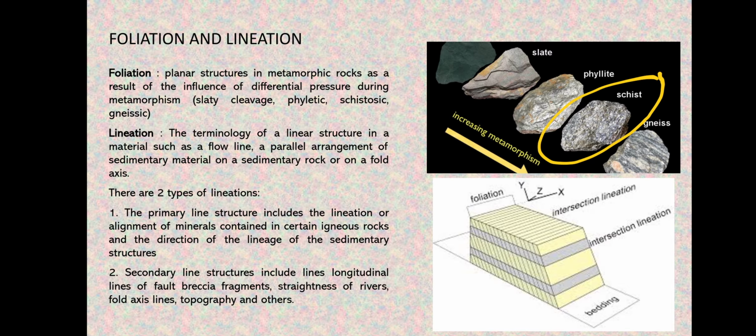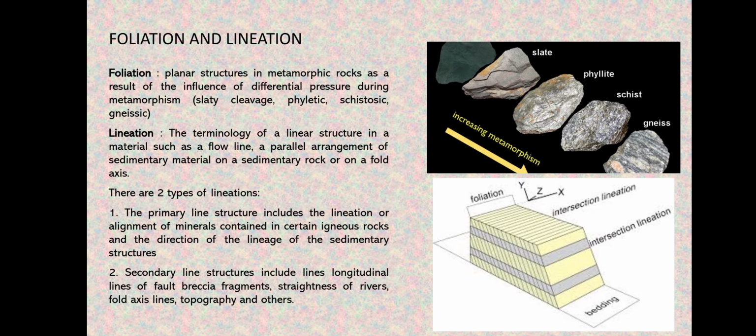Schist forms a parallel arrangement of flat, prismatic, or lenticular minerals, which are medium to coarse grain size, and the rock is called schist. Next is gneissic. Gneissic is formed by alternating mineral alignment layers that have different shapes, generally between granular minerals, feldspar and quartz, and tabular or prismatic minerals, intermittent. And the rock is called gneiss.